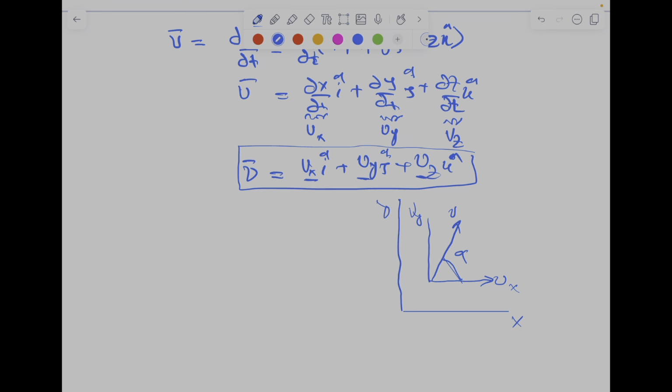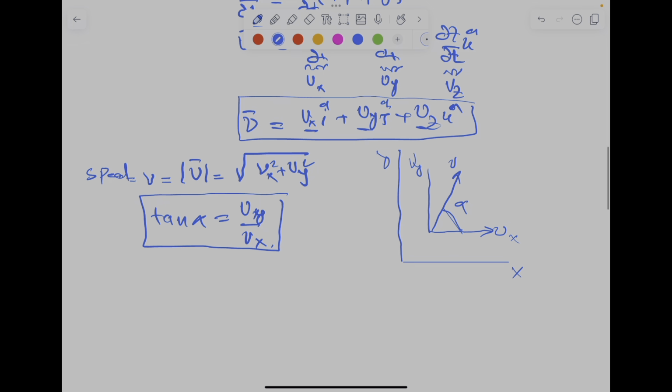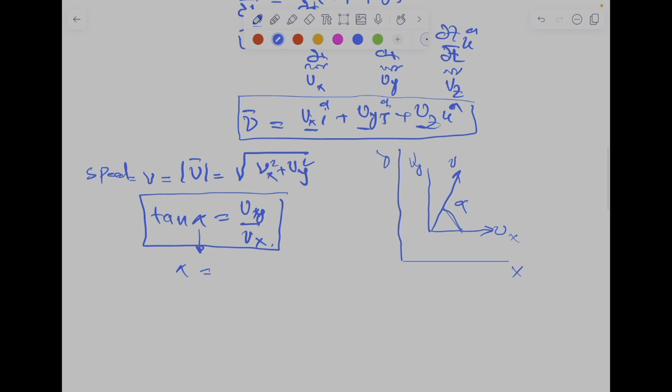So the speed, which is the magnitude of the velocity vector, is the square root of vx squared plus vy squared. This is your speed. And the direction is given by tan alpha, which is vy over vx. So this is your direction. The direction of the instantaneous velocity is given by this angle alpha.